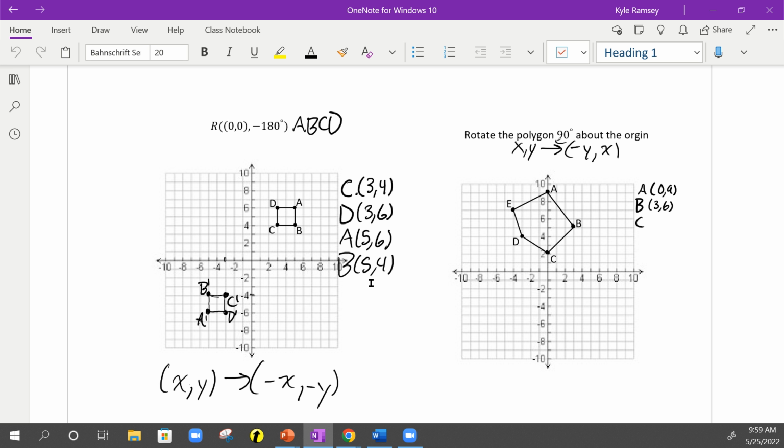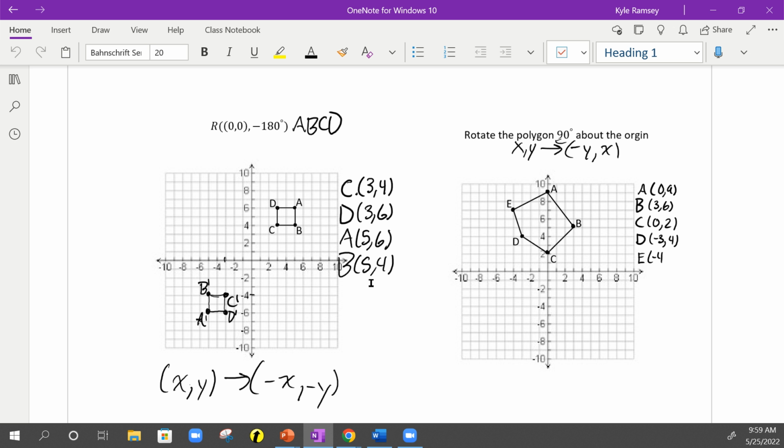C is at 0, 2. D is at negative 3, 4. And E is at negative 4, 7. So we have the points.